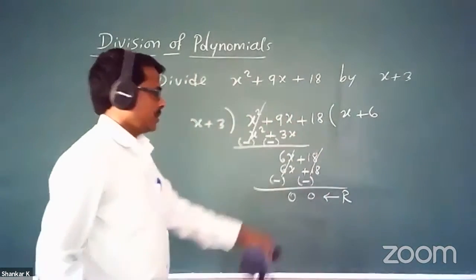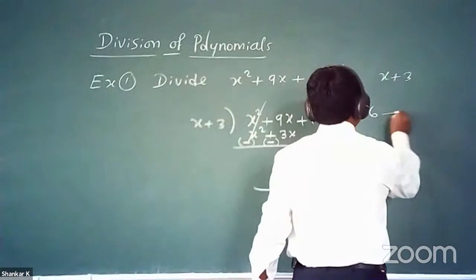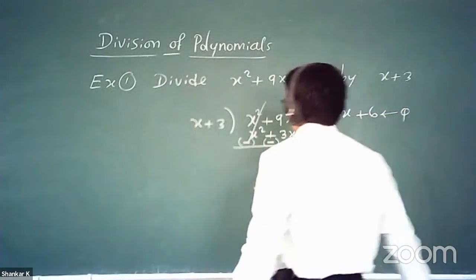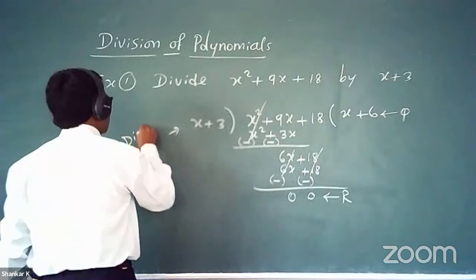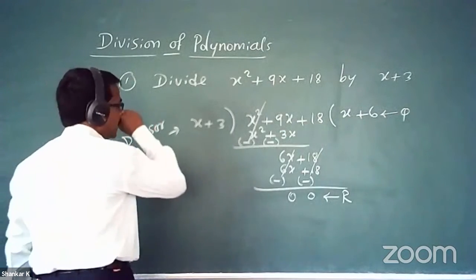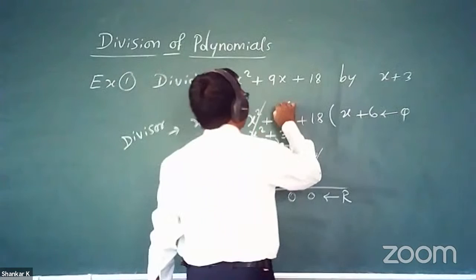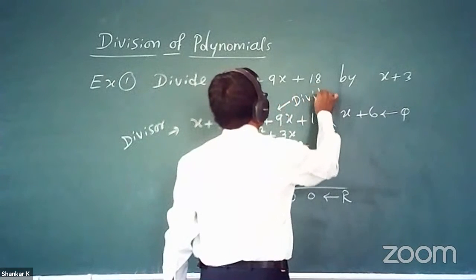That is the quotient. This is the divisor, and this is the dividend.